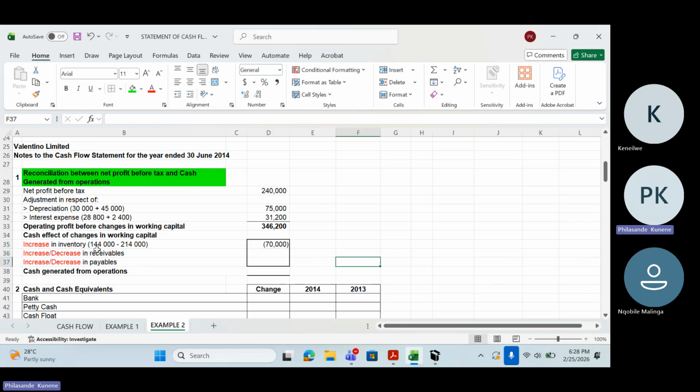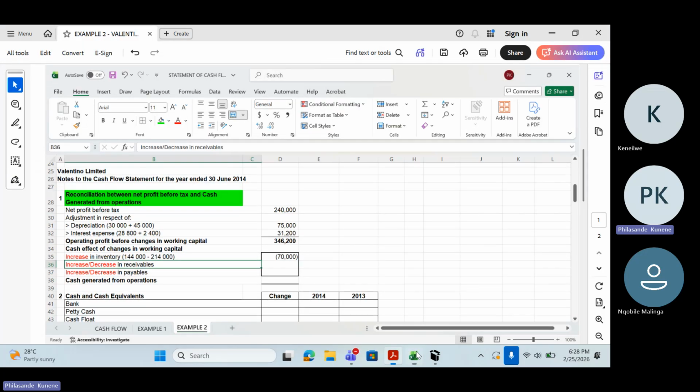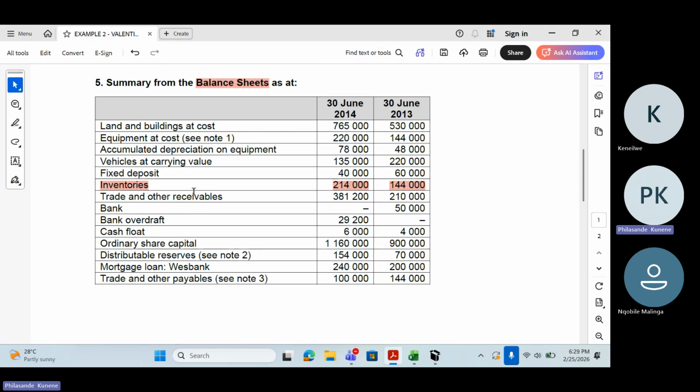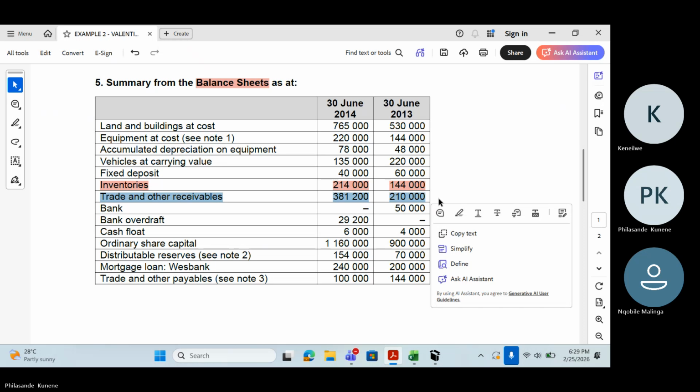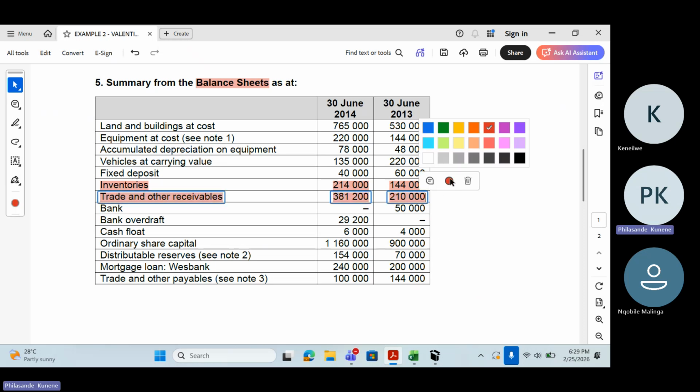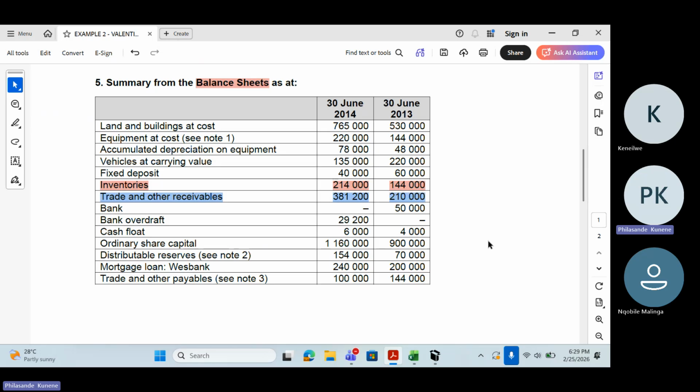Okay, receivables. Now we need to go and check the receivables. What is happening there? Trade and other receivables. If we look at the trend here, trade and other receivables moved from 210,000 to 281,200, sorry.